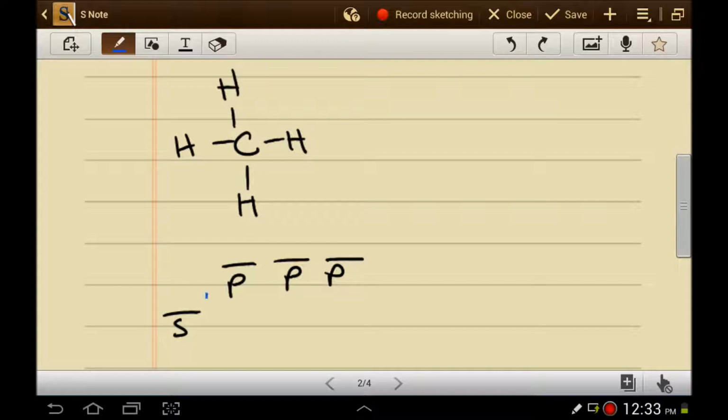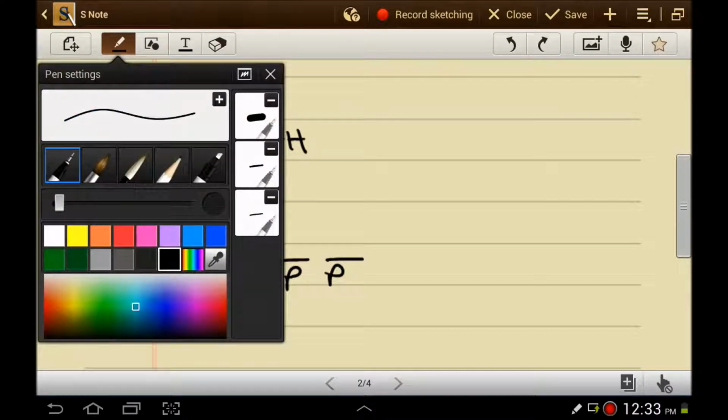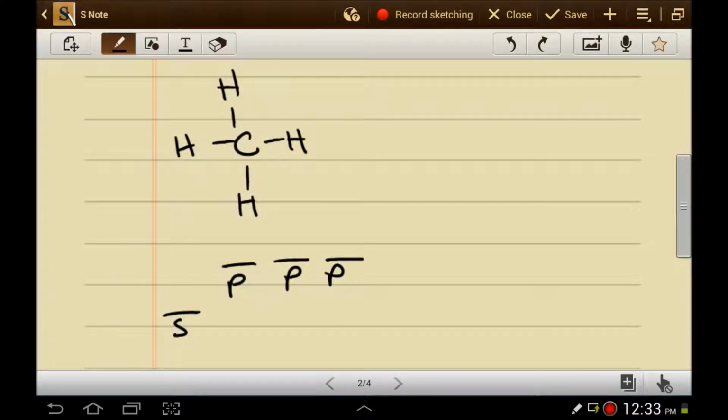The s orbital and the p orbitals don't have the same energy. The carbon must therefore hybridize its orbitals so it can have 4 equal energy orbitals. So it's going to average out the energies of the 4 orbitals.